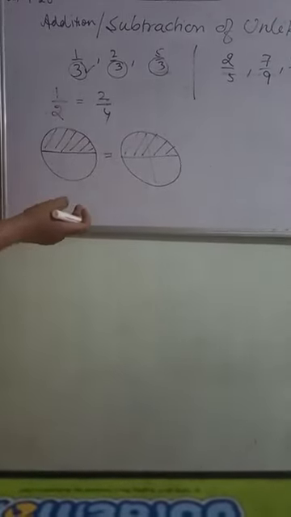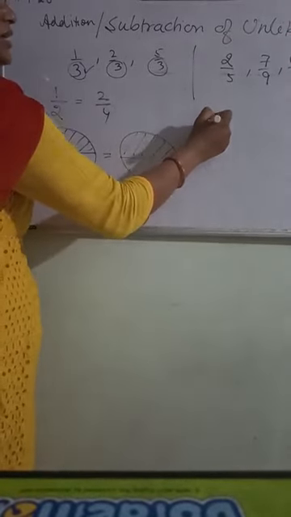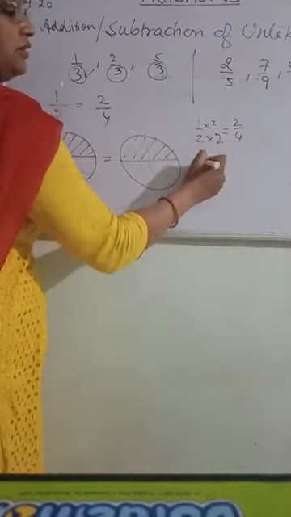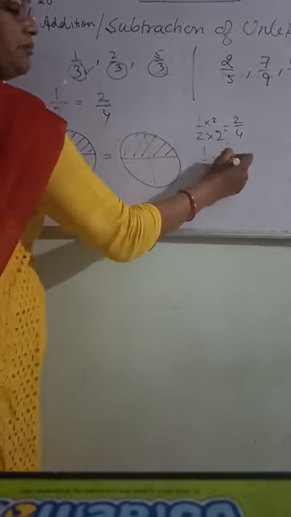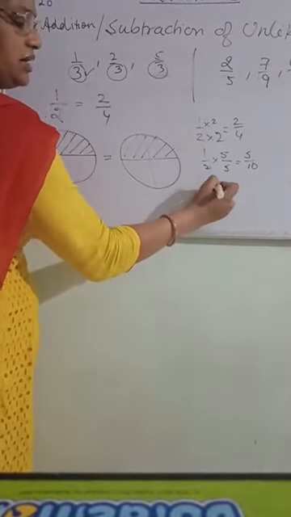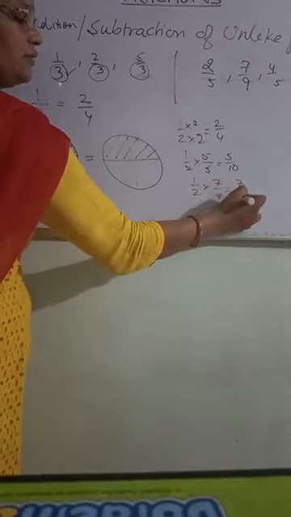And in the mathematical way, what we can say is that for 1 by 2, we will be multiplying the same term in the numerator and denominator to get the equivalent fraction. Then if I multiply by 5, it is 5 by 10. Again I am multiplying by 7, I am getting 7 by 14.